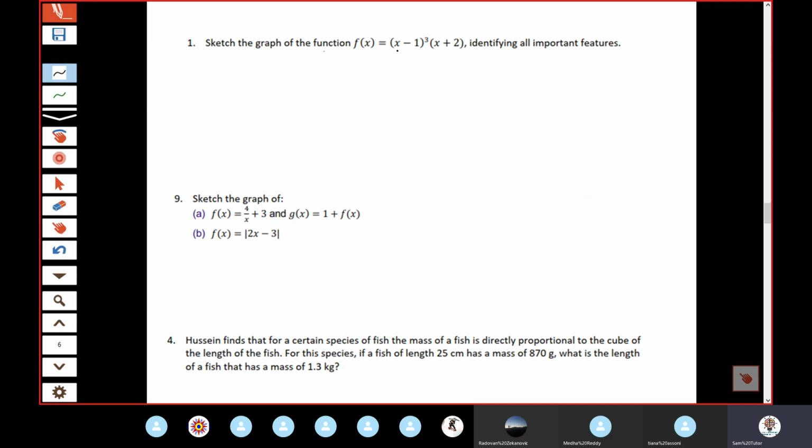What's the highest power of the polynomial? The whole polynomial, 4. So the highest power is x to the 4. That tells you where to start. You're going to start at the top, right? Because that's where your even power starts. This guy, x plus 2, what does it tell you to do?